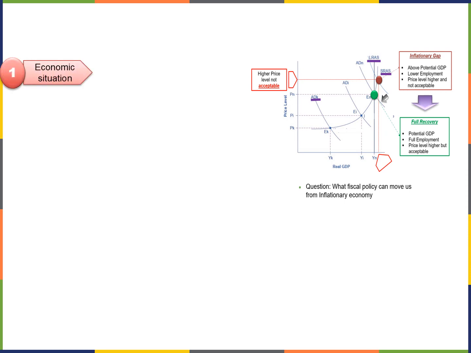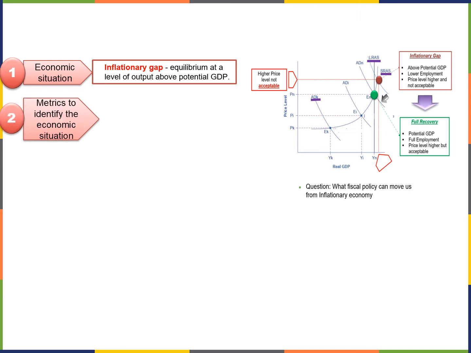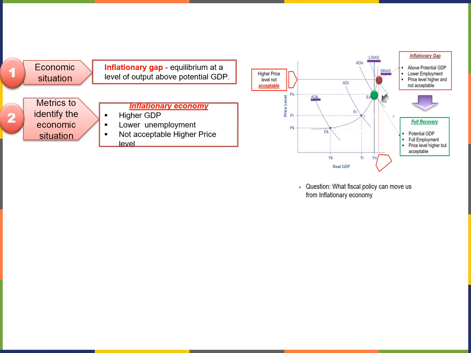The first thing to consider as you're trying to look into your policy is the economic situation. It is an inflationary gap, where the equilibrium output is a little bit above potential GDP. The metrics to identify the economic situation are higher GDP, low unemployment, and an unacceptably higher price level.